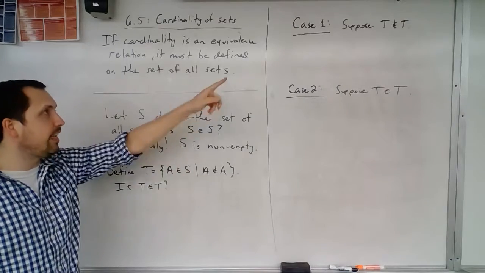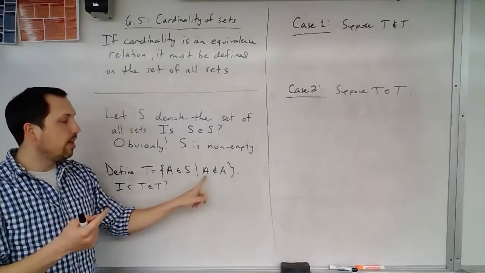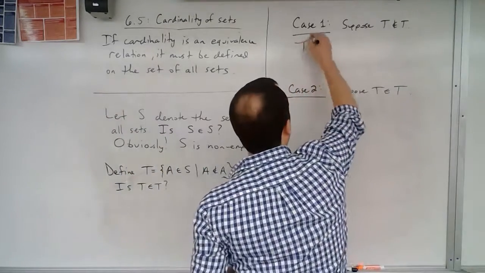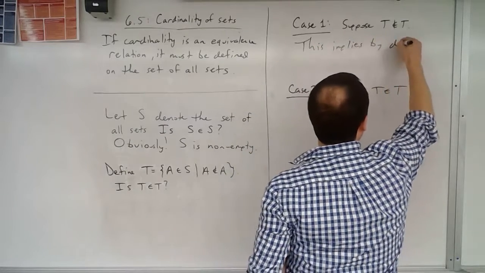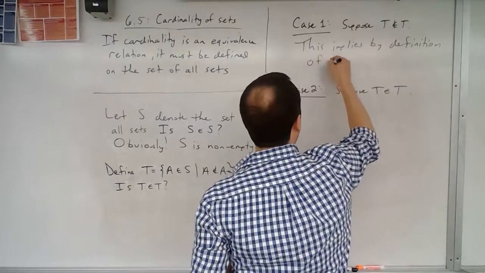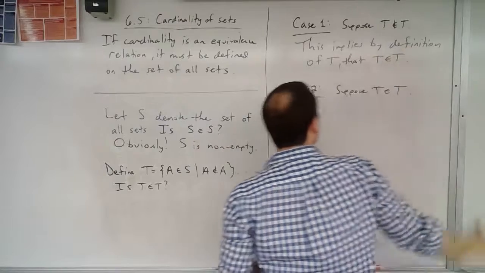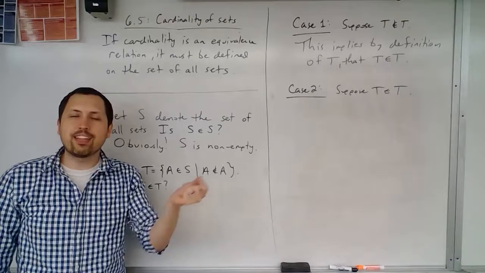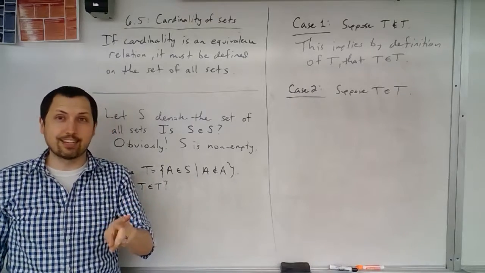Because T is a set, it has to be in the set of all sets, so it's in S. But it has this property, so this implies by definition of T that T is an element of T. Okay, so if we assume that it's not an element, we've just proved that it is an element. So that's not a good idea.